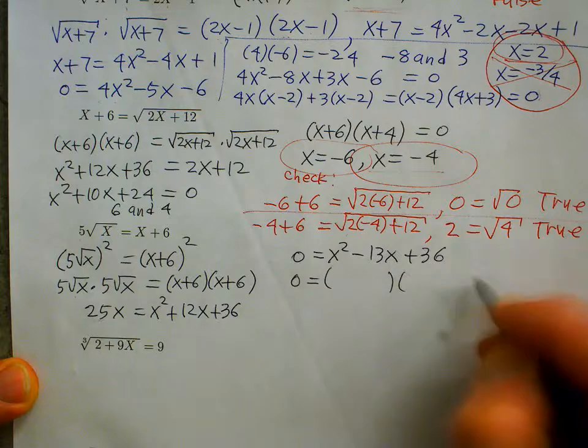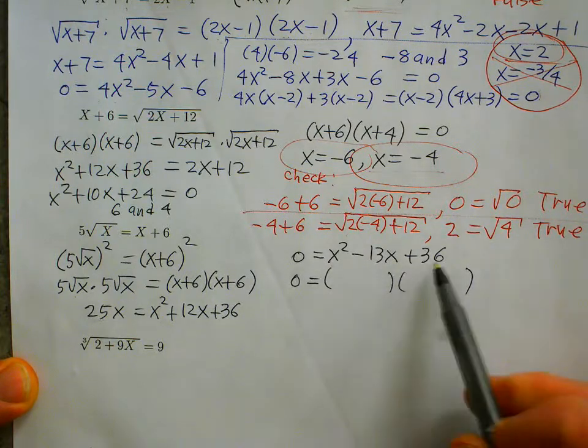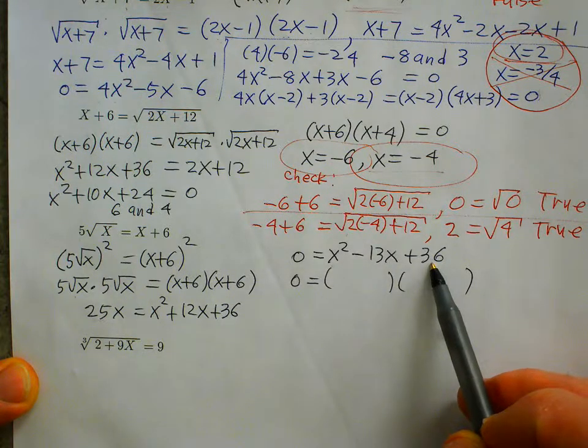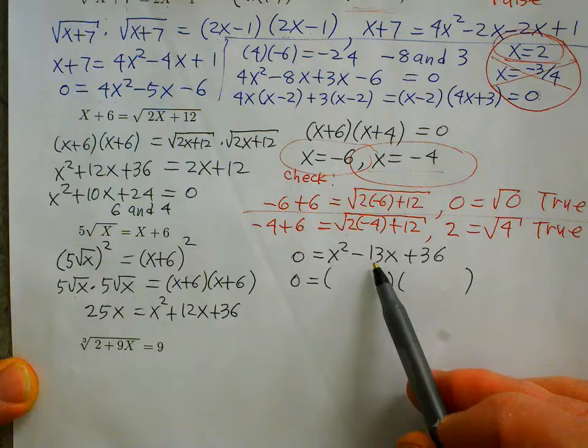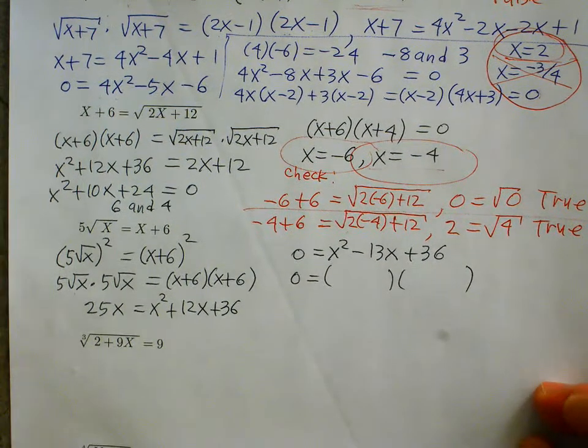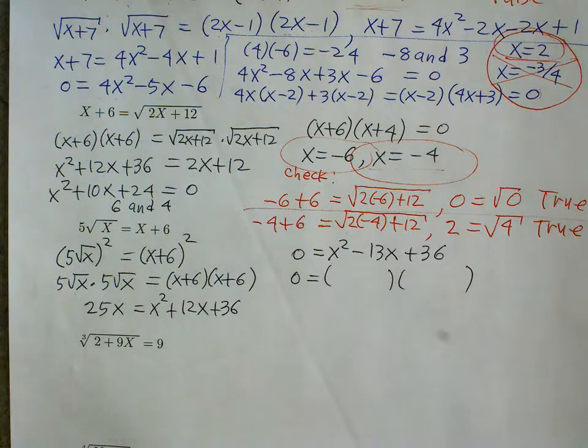So we need two numbers that have a product of positive 36 and a sum of negative 13. What two integers have a product of positive 36 but a sum of negative 13?